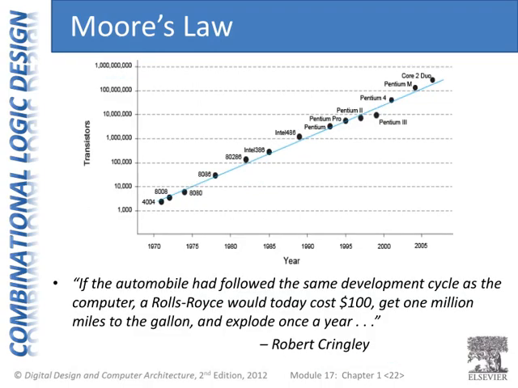So a famous quote about computers and really the underlying transistors that build a computer is, if the automobile had followed the same development cycle as the computer, a Rolls Royce would cost about $100 today, get 1 million miles to the gallon, and explode about once a year. So chips really aren't that fragile.